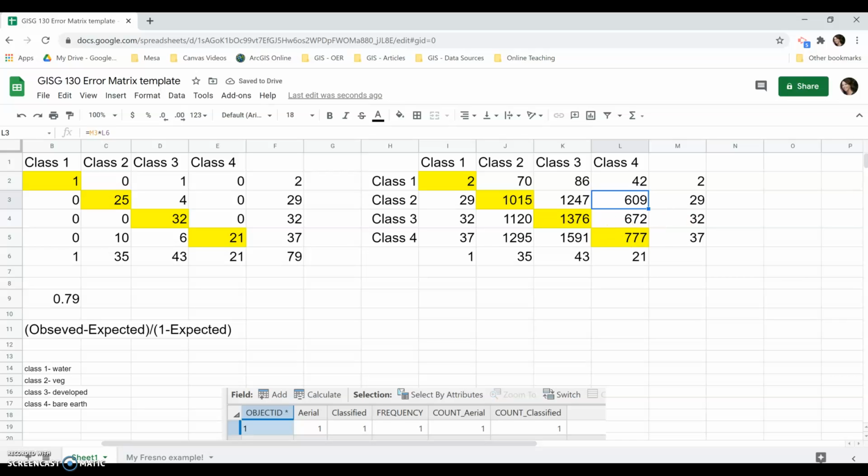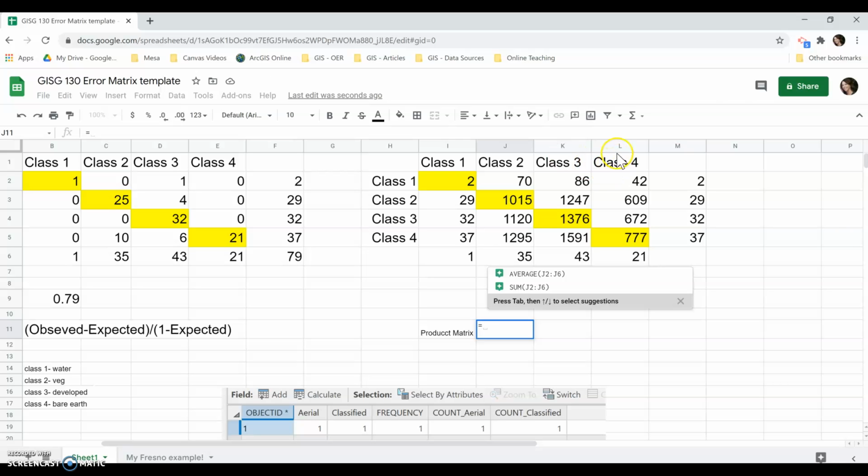So then we calculate what would be expected based on chance. And you see in the book on 399, product matrix divided by the cumulative sum of the product matrix. So we'll have something here that's product matrix, and we'll say that this is equal to the sum of the diagonals.